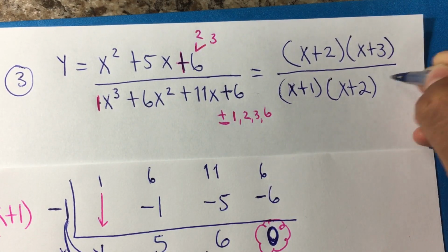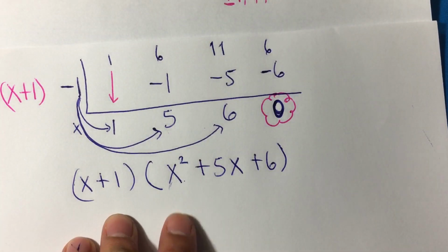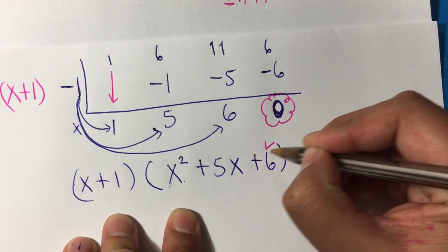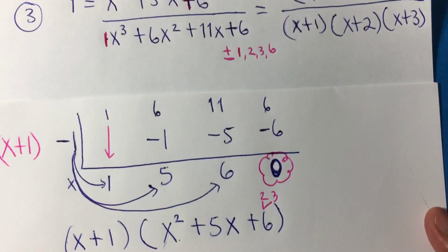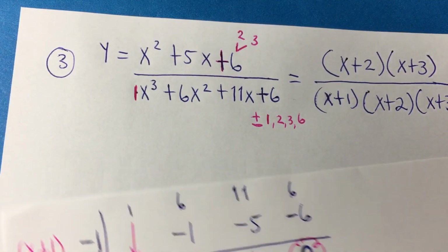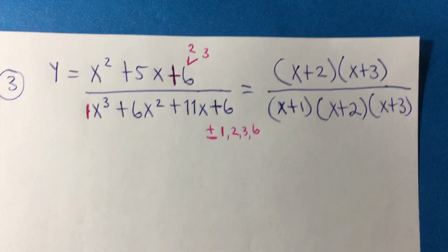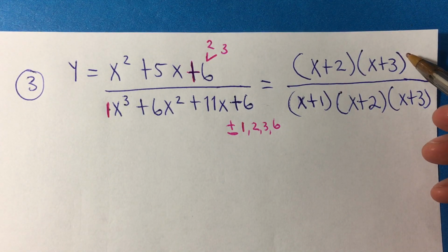X plus 2 times x plus 3. Again, why? Because this 6 is 2 times 3, and 2 plus 3 is 5. Okay, x plus 2, x plus 3. So now that I have those factored out, the next step is to cancel.